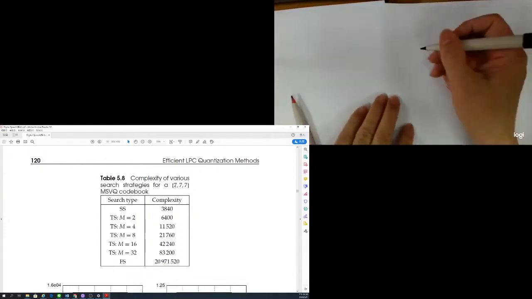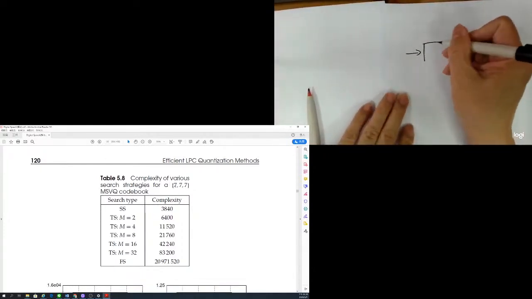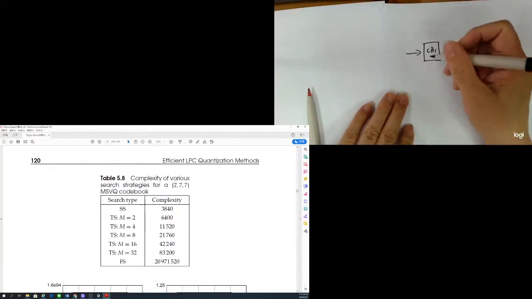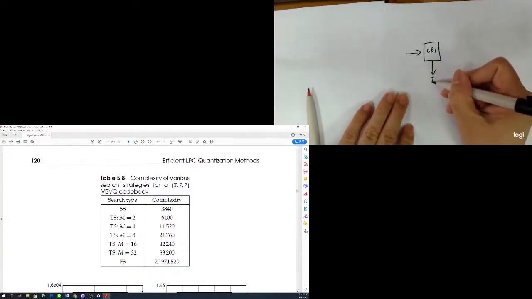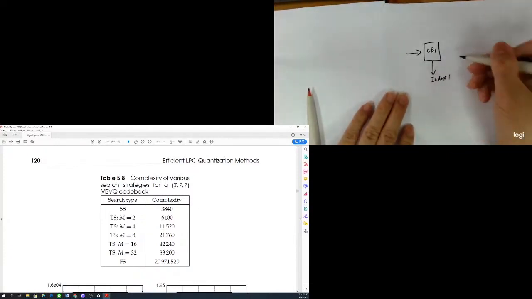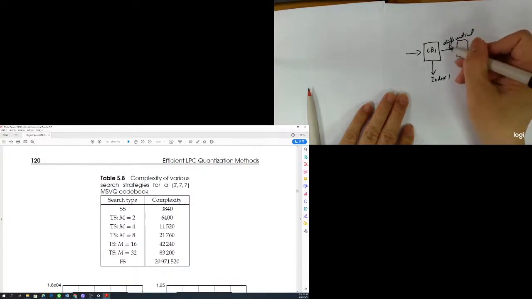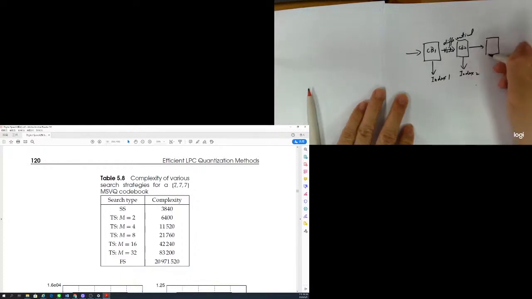With multiple stages, you can see first codebook 1, so you get index 1. Then this one is a differential vector, so you have codebook 2 and an index 2, and also codebook 3.